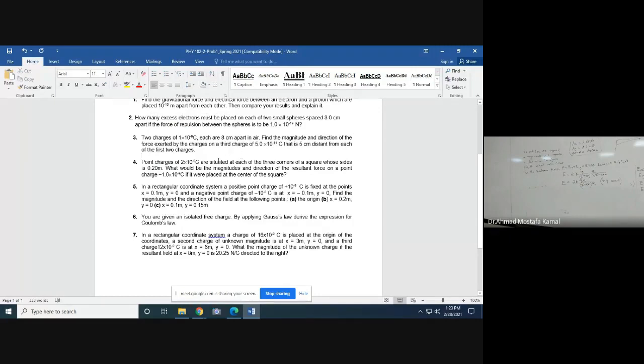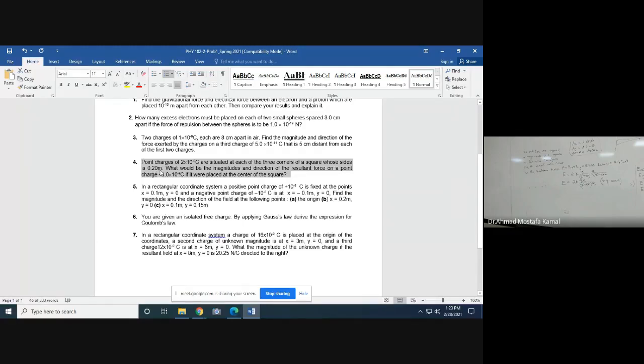Okay, number 4, point charges. I will show it on the board, but let me read the problem. Point charges of 2 × 10⁻⁹ coulomb are situated at each of the 3 corners of a square whose side is 0.20 meter.